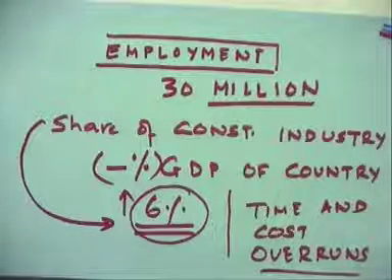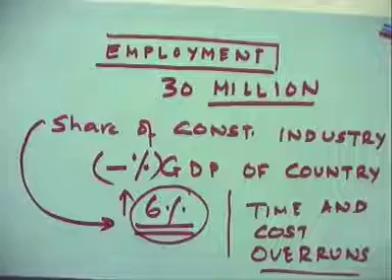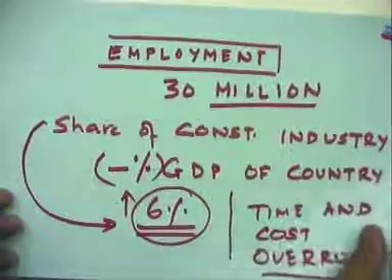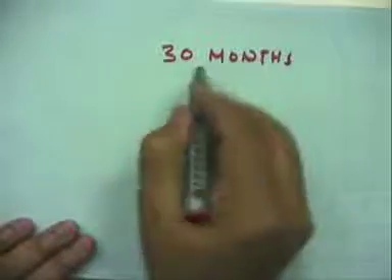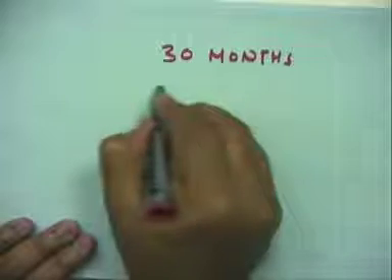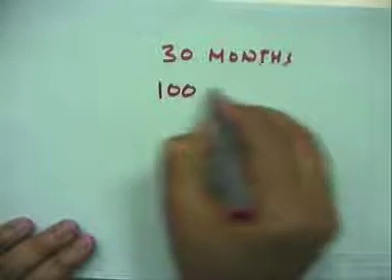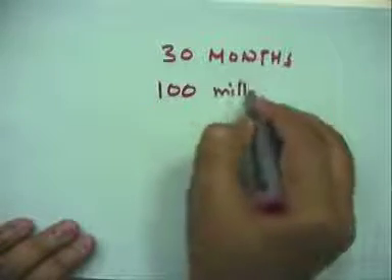You understand time and cost overruns? Basically, suppose your project duration is 30 months, and its cost is, let's say, $100 million.